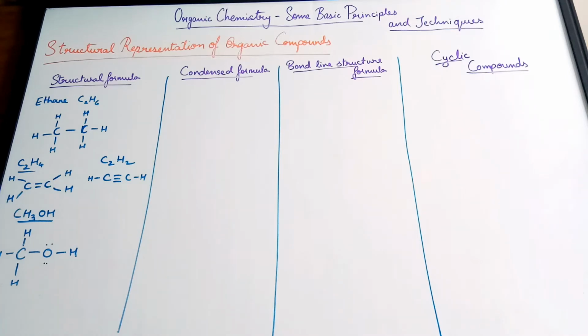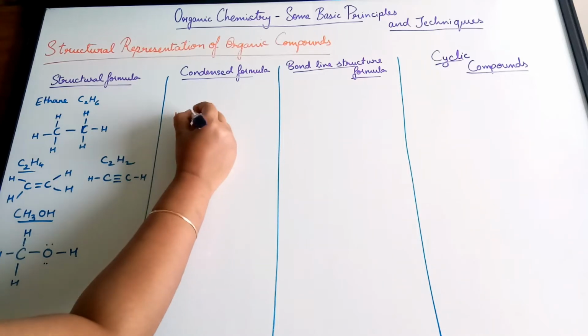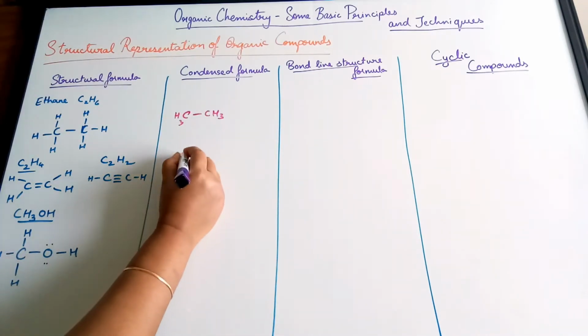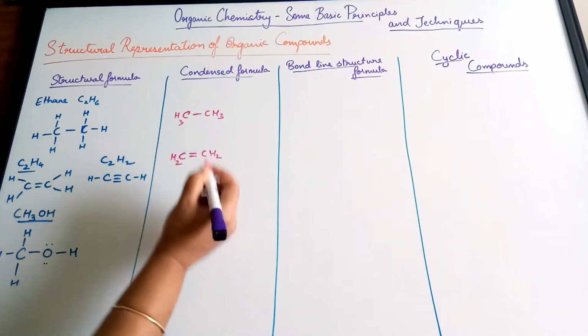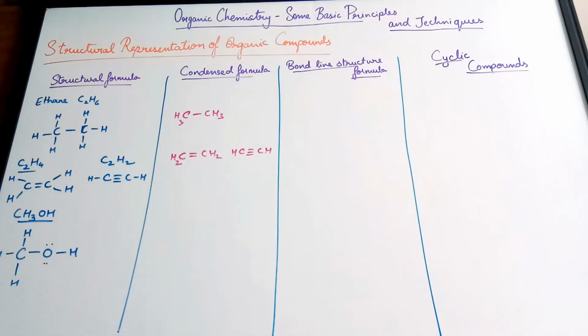Next, we are talking about condensed formula. Condensed formula is basically the structural formula, but a simplified version of it. So here, ethane will be represented as CH3CH3. Ethene will be represented as CH2CH2, and ethyne will be represented as CHCH.